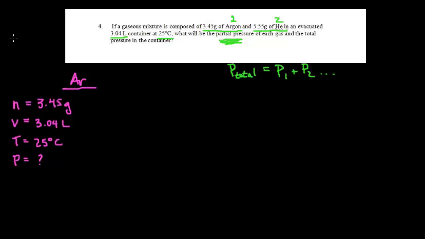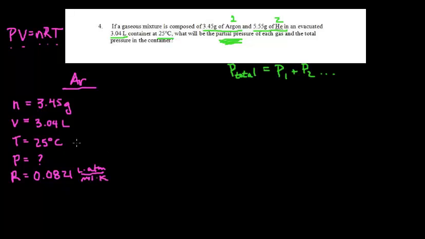Actually, what I'm going to be using is the ideal gas law, which is PV equals nRT. The way I figured that out is I've got all of these variables. The only one left is R, and I know that one. It never changes. R is equal to 0.0821 liters ATM over moles Kelvin.